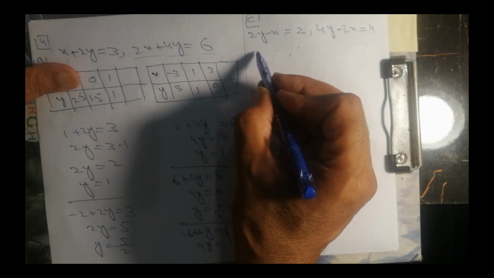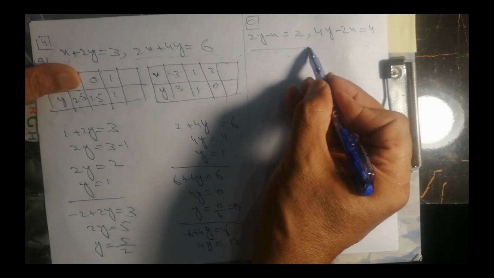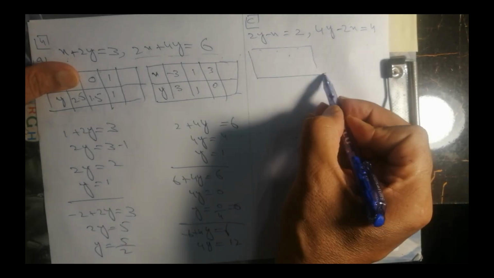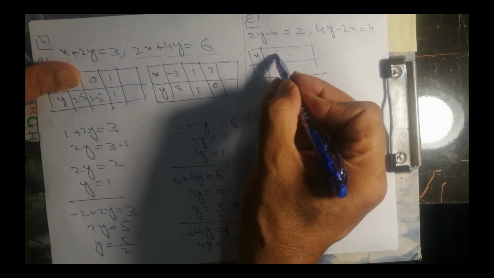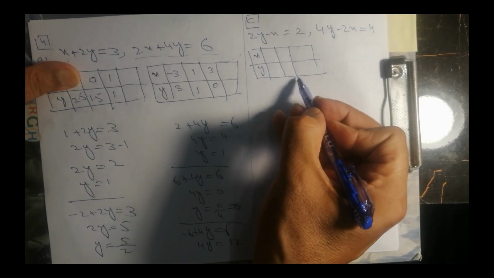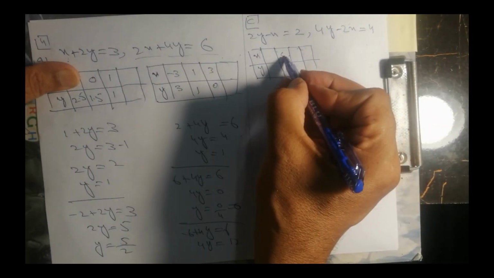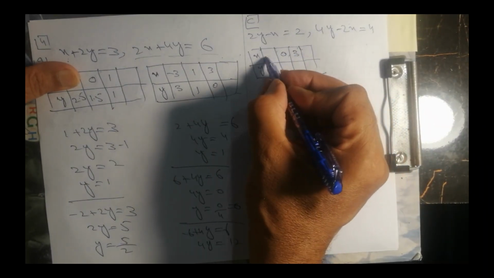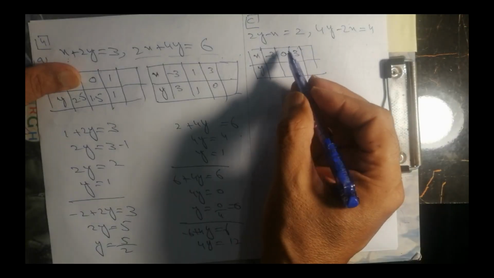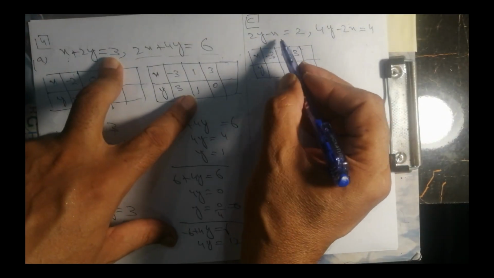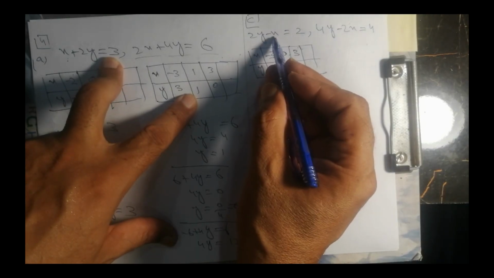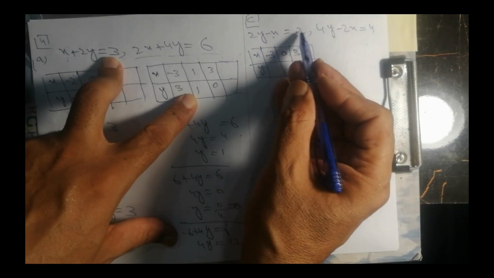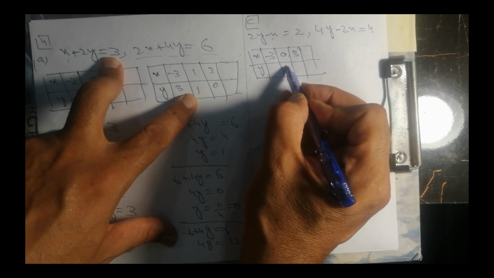So if we draw the table, x, y, 0, 3, minus 3. If we put x equal to 0, then 2y equal to 2, so y will be equal to 1.